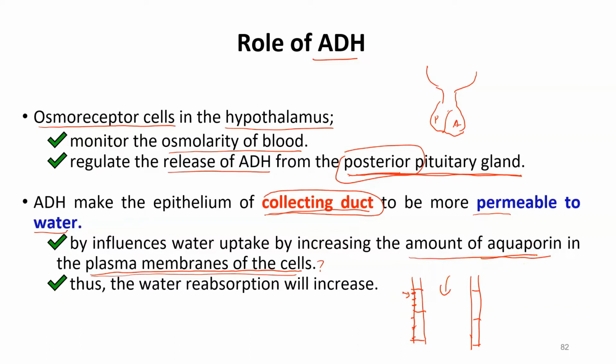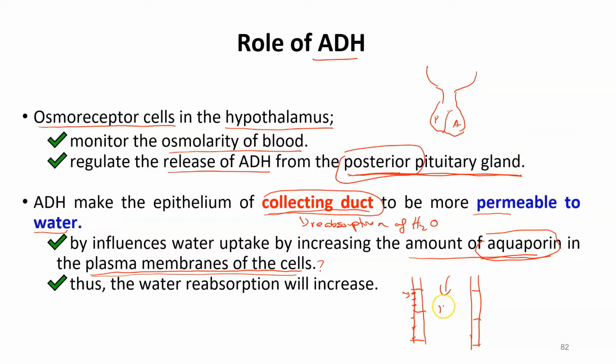Okay, so this is why, because on previous lecture we looked at one of the events that occurs in the collecting ducts is the reabsorption of water. Okay, so whenever reabsorption of water occurs, there will be aquaporins.